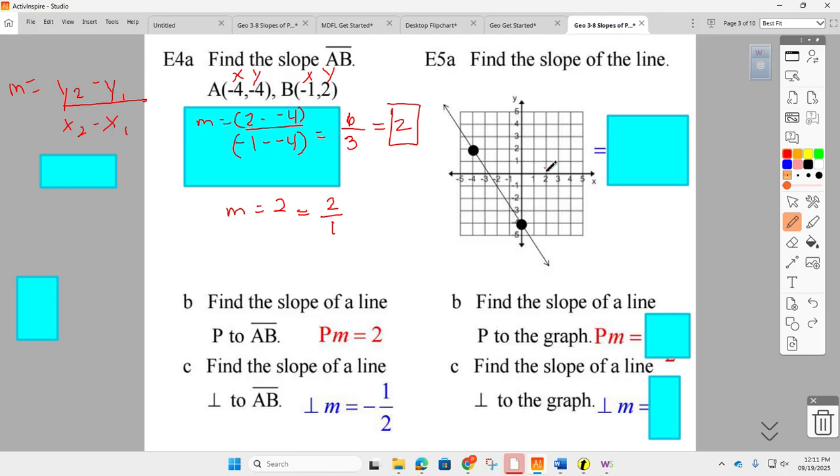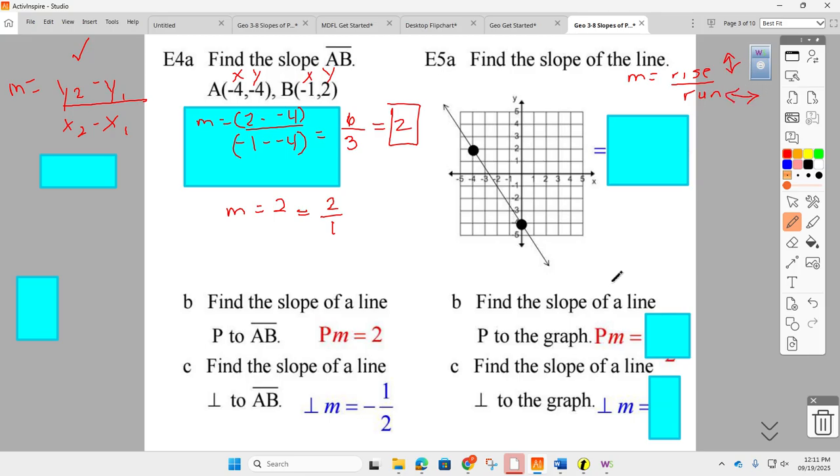We could use this, but there's a little bit easier way you can remember how to do it. Anybody remember? We can use the rise over the run. So the rise is the change in y divided by the run, the change in x. The rise is up or down, run is left or right.